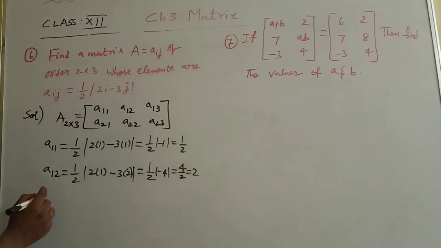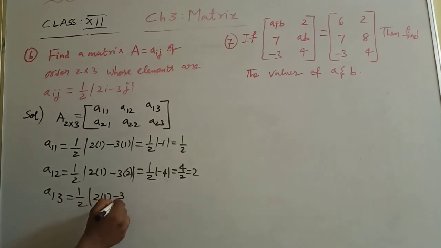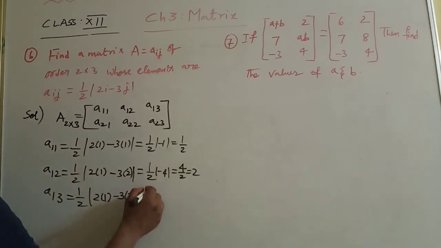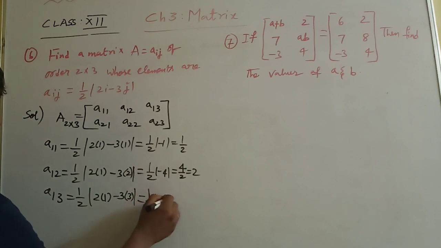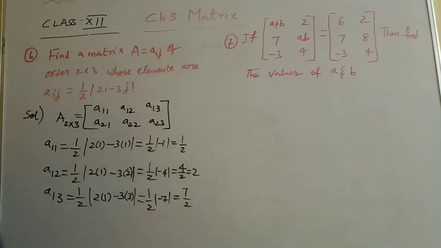So that is about a12. Next one is a13. Half modulus of 2 into 1 minus 3 into j, which is 3. So 3 3s are 9, and 2 minus 9 is minus 7. Right? So minus 7 becomes plus 7. I'll write half modulus of minus 7, that is nothing but 7 upon 2. So a11, a12, a13 completed.